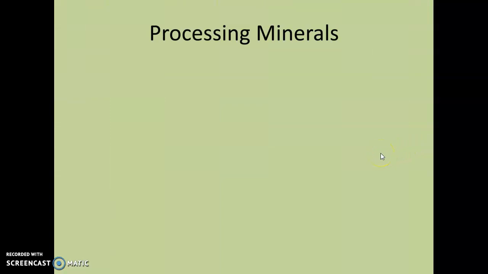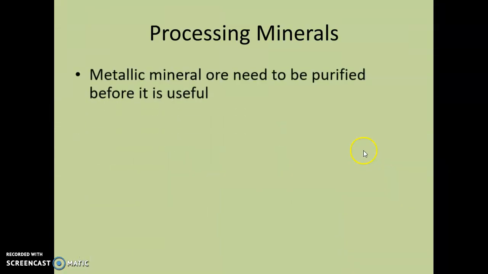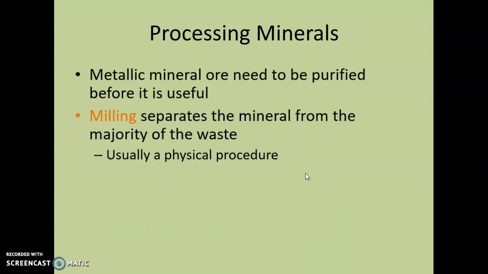Okay, so now we have to process the minerals. Metallic mineral ore needs to be purified before it's useful. Milling is a physical procedure that separates the mineral from the majority of the waste. Most of the time you can see what it is you're looking for, especially with the metallic ones.